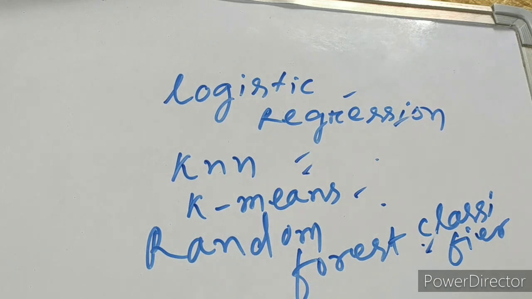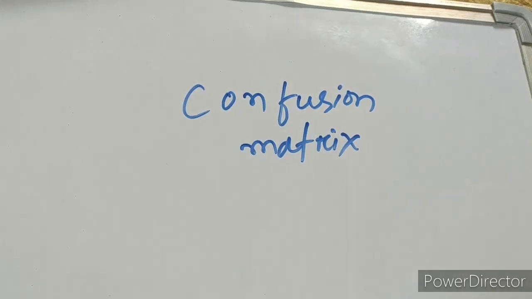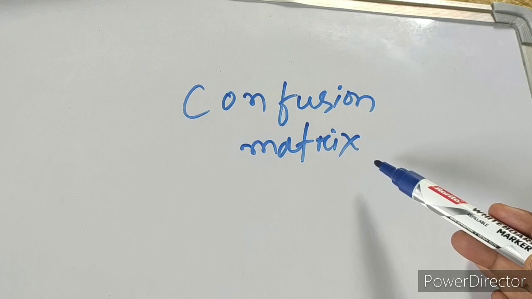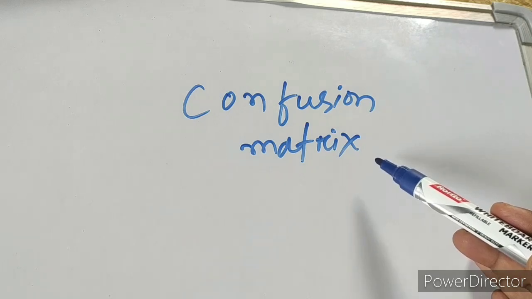So there is a concept called confusion matrix. We will see here how confusion matrix can give us a clear understanding about our model. Confusion matrix is basically used after testing the model.